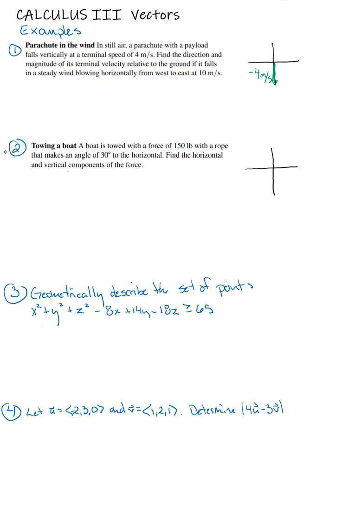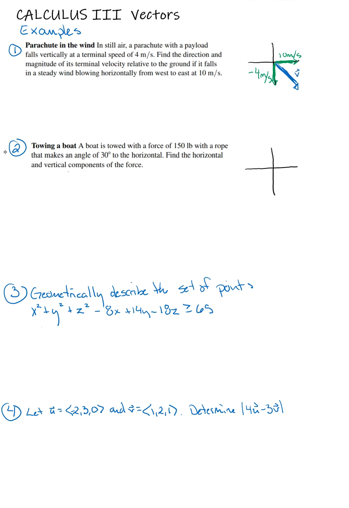And we also have a wind that's blowing from west to east horizontally, and that's at 10 meters per second. Basically, we want to find the result of that, so our resultant vector when we add those two. That's what we're looking for. We'll call that vector v.